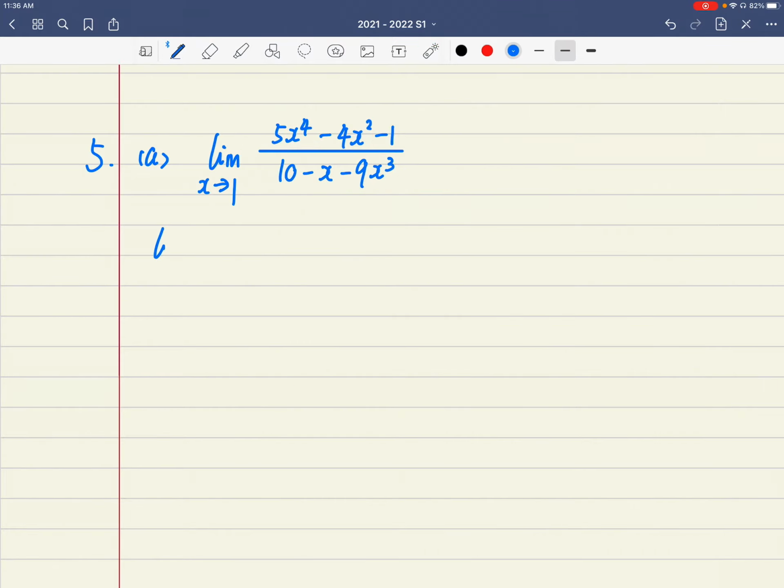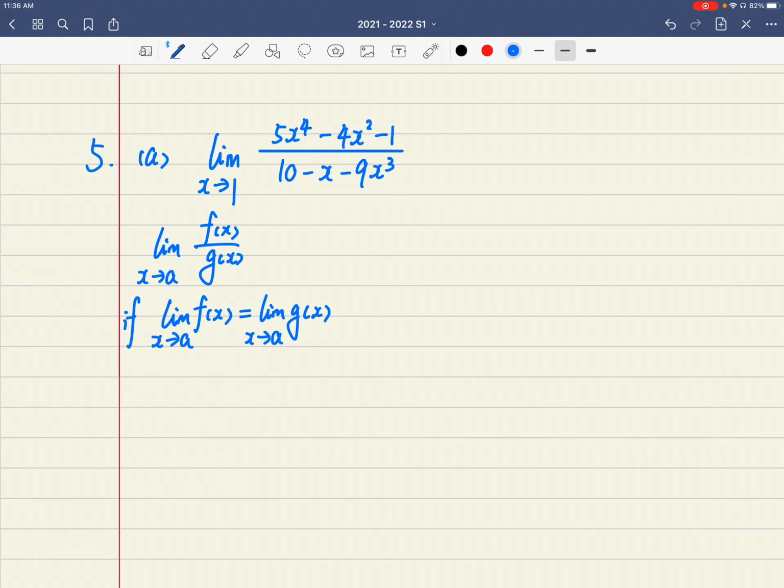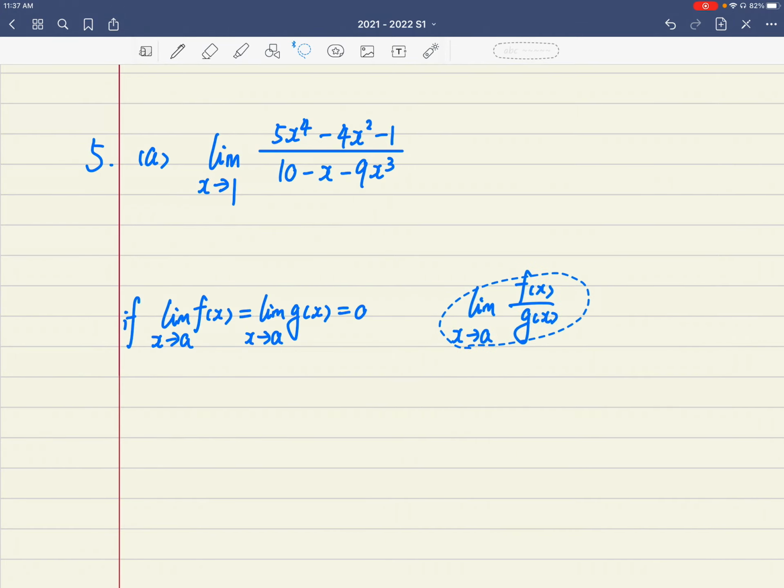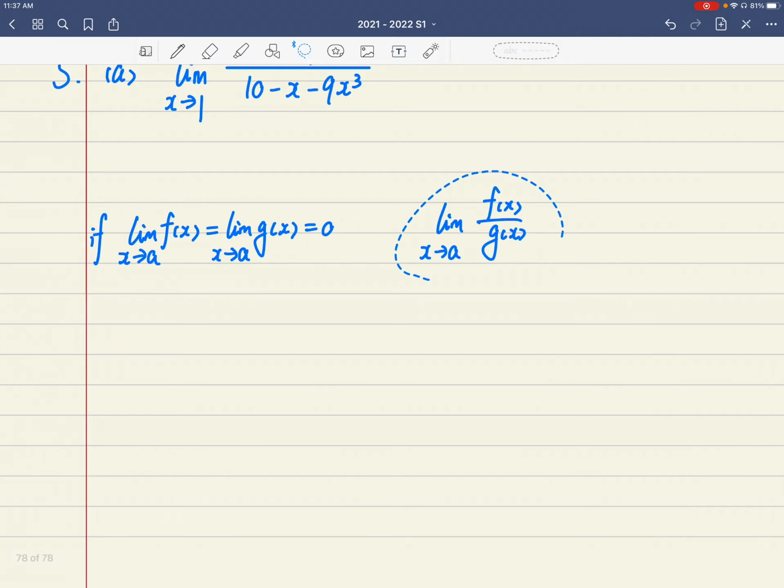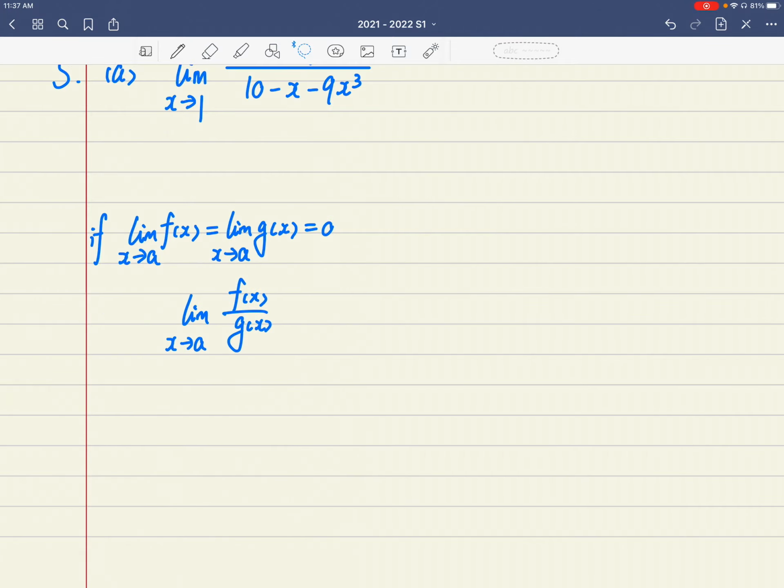So if it's the limit of f(x) over g(x), and the top and the bottom limits are both approaching 0, then this limit is equal to the limit of f prime x over g prime x.